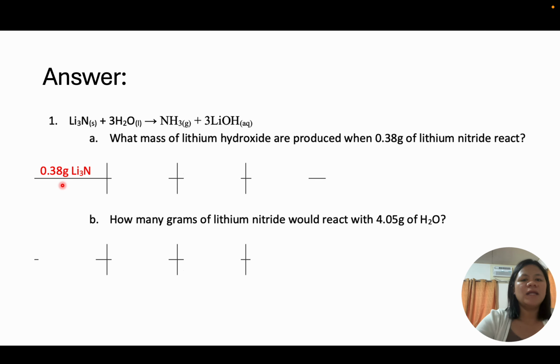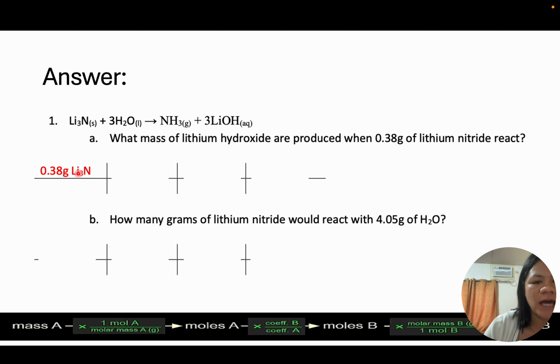Again, first thing to do is to put the given. Our given is 0.38 grams of lithium nitride. Next, we look for the molar mass of lithium nitride, which is, by the way, this is our formula, 34.7 grams, so that we can cancel it.